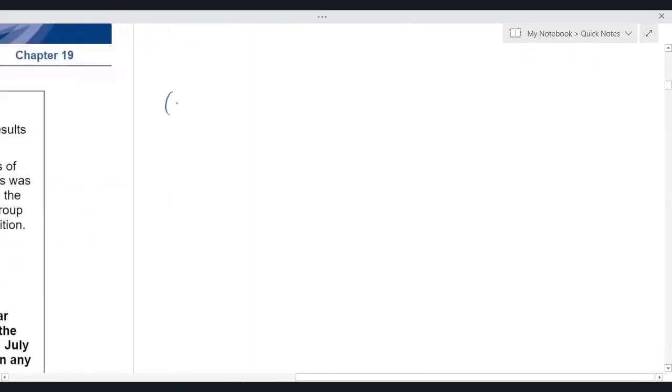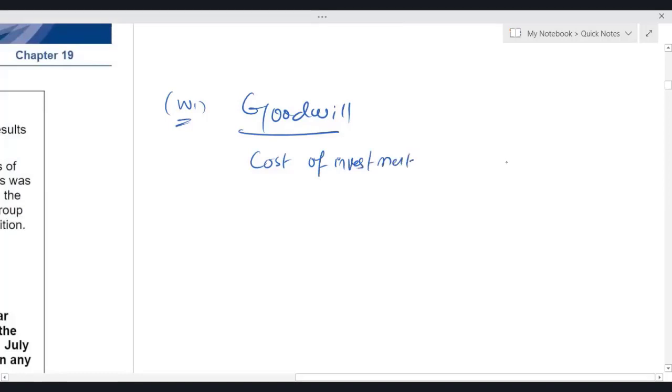Just let me show you the working. Goodwill. We will be just calculating a few values, not 100%. Cost of investment. Parent cost of investment is 1 lakh. Fair value of NCI is 40,000.